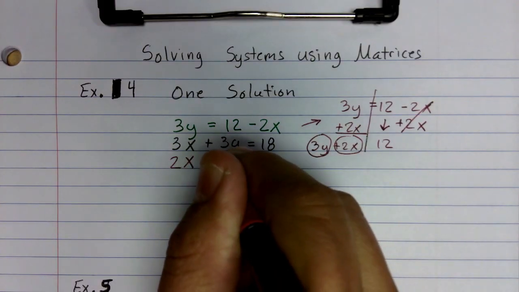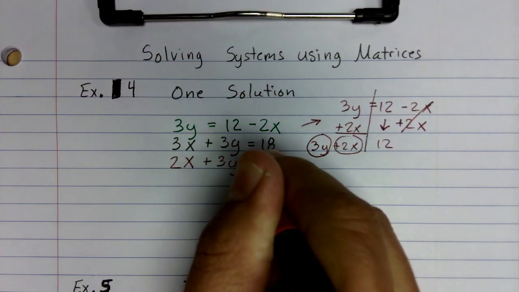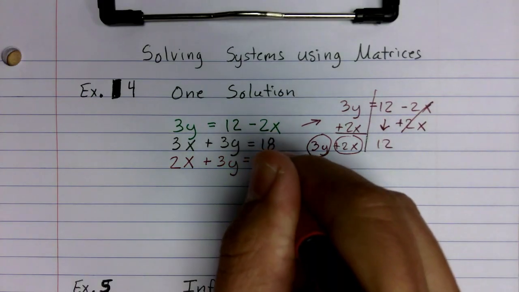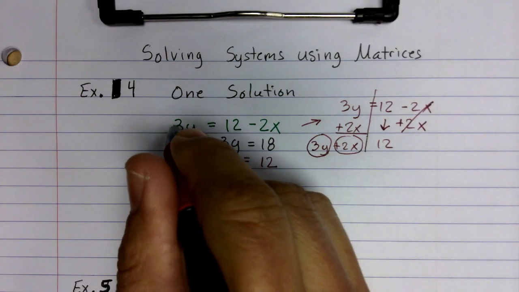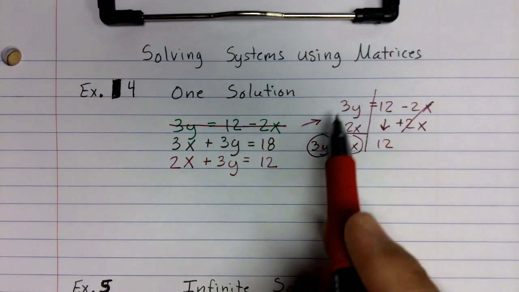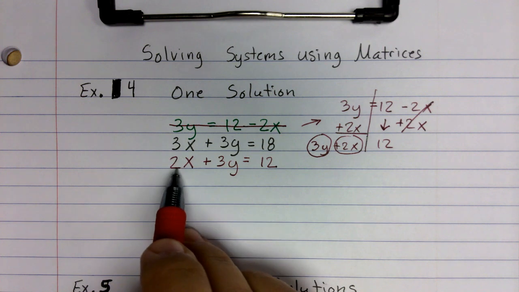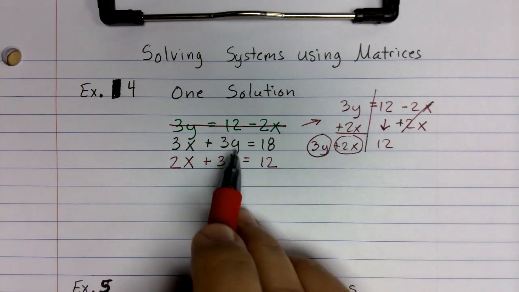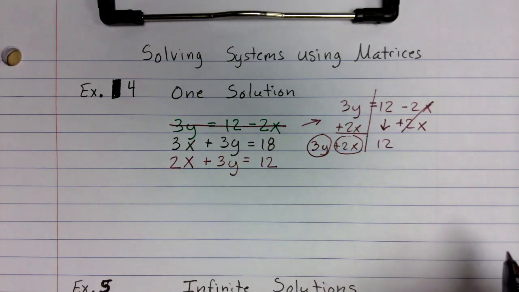So it's a positive 3y, so I put plus 3y. And my constant, which is 12, all by itself on the right, I'm going to put directly underneath it. I am going to draw a line in this top equation here because we've taken this and rearranged it, and then we wrote it in the order which allows the x's to line up, the y's to line up, and our constants to line up.